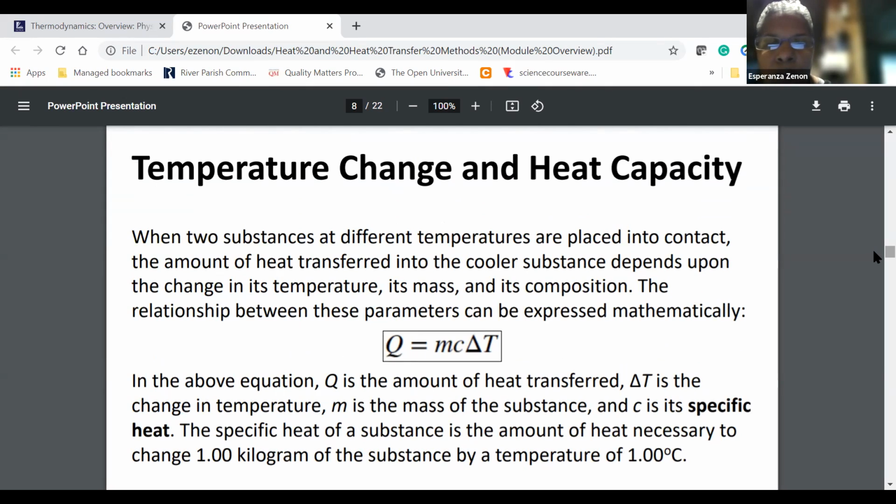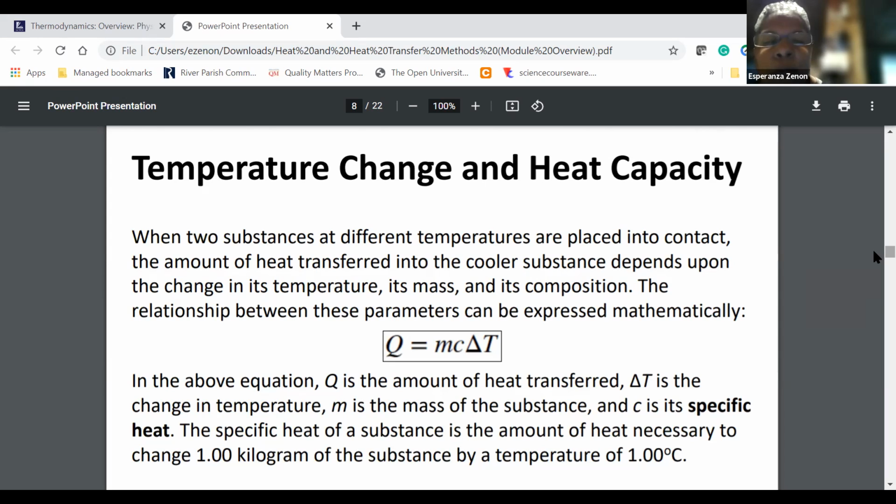One of them deals with heat transfer based on a temperature change. So if you have 2 substances that are different temperatures and you put them in contact, you're going to have heat transfer from the hotter substance to the cooler substance.